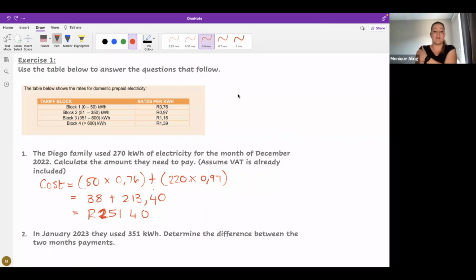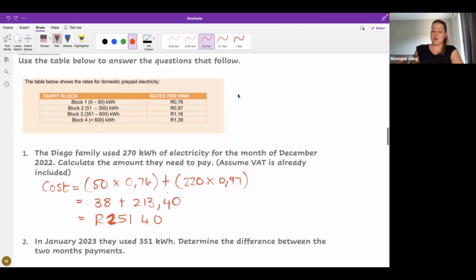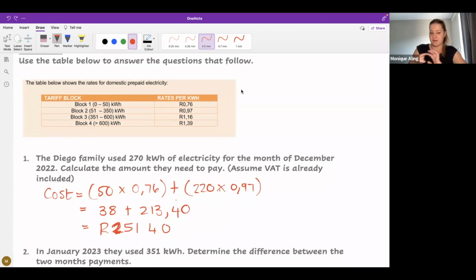Okay, so it's very similar to what we did on Monday for the water tariffs. So if you weren't part of that lesson, it might be advisable to go back and just watch that. They are available on the Watobe website, but I'm going to try explain quickly now as well. So because we're looking at 270 kilowatt hours, we go to block 2, but we don't just use block 2 only.